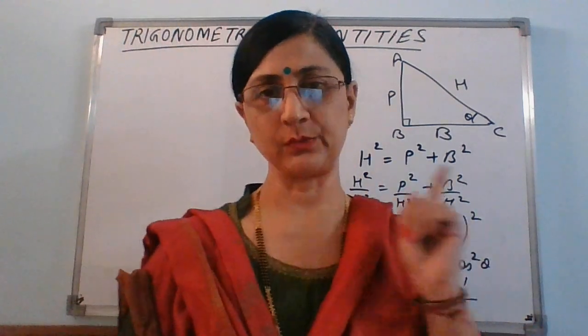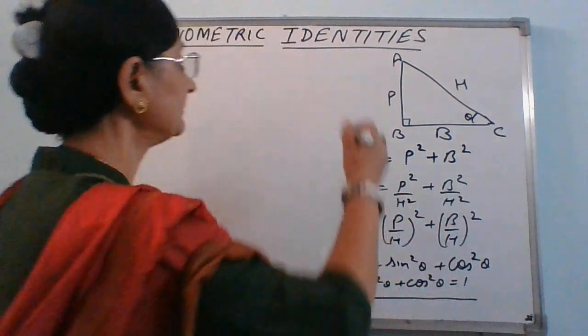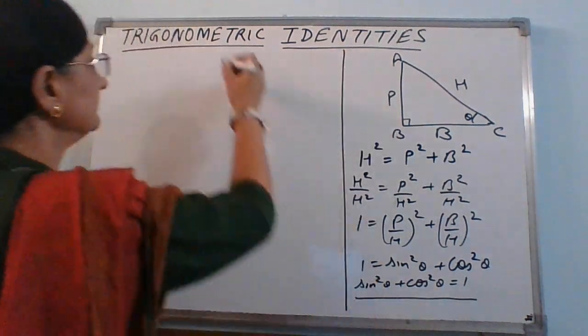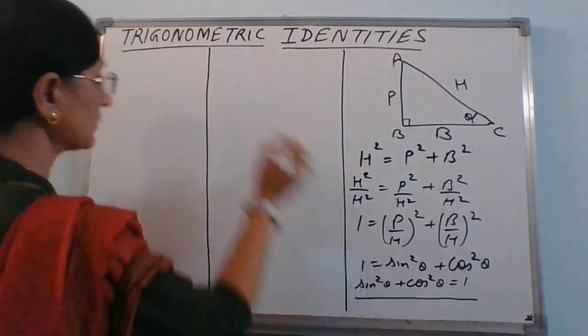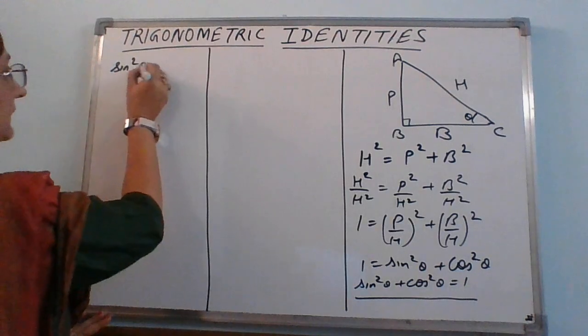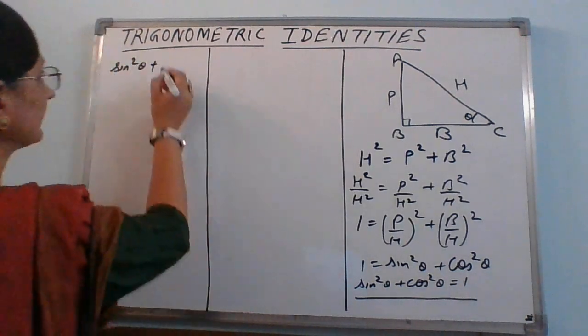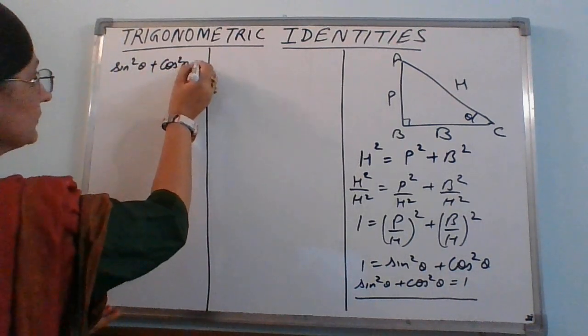From this identity we are going to derive the other two. Now sin square theta plus cos square theta is equal to 1.